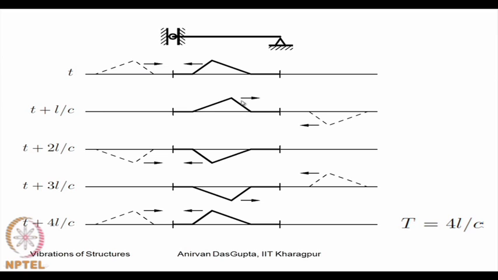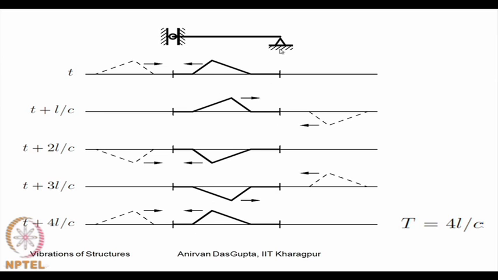This reflected wave goes to the fixed end and gets reflected. There is a mirror reflection as well as an inversion. That wave comes in and once again gets reflected like this, which again gets reflected from the fixed boundary, and now we come back to the initial state where we started.